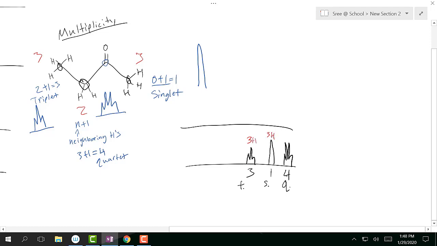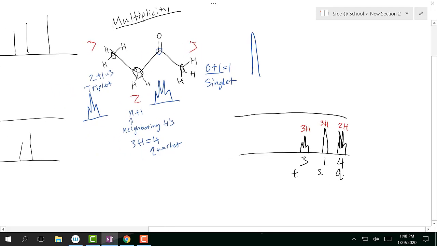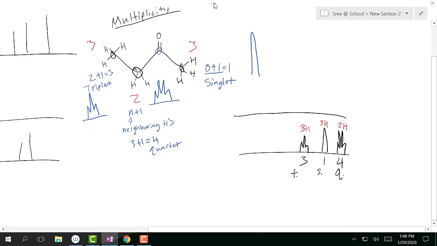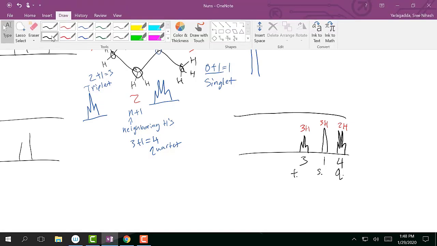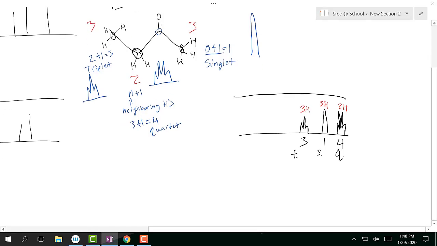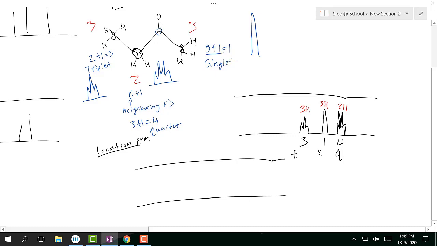Alright. Now, location is what you typically have to memorize at the beginning. And there's charts, obviously on your PowerPoint, and this is by ppm. Now, the main ones that you should probably know is any of the CH3, CH2, and CH, and it goes in this direction, by the way.